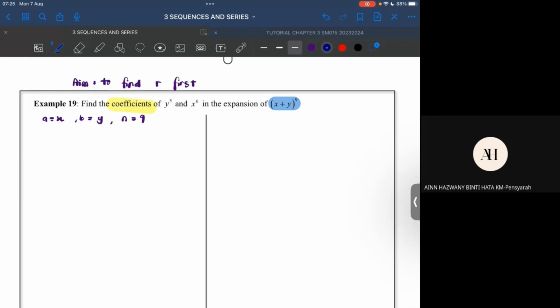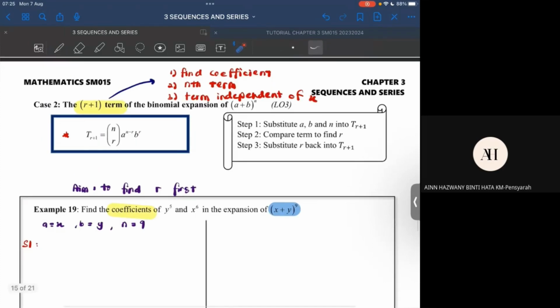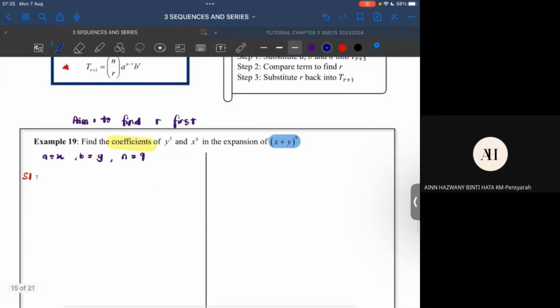So step yang pertama. Substitute A, B, N into formula TR plus 1. So this will be the formula kita substitutekan. Okay, so kita tulis TR plus 1, R kita tak ada. So kita tinggalkan. N is 9, R kita tak ada.